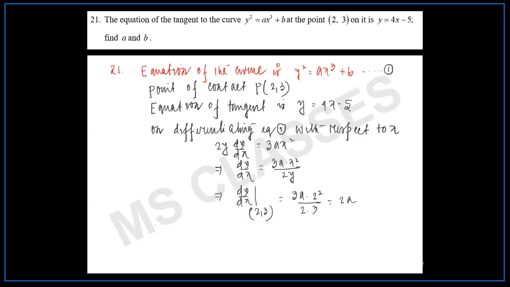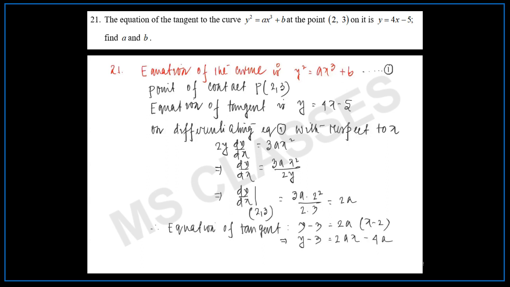Therefore, equation of tangent: y minus y1 equal to slope into x minus x1. Now y minus 3 equal to 2ax minus 4a. So this is the equation of tangent which I got.